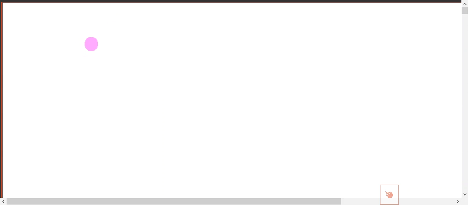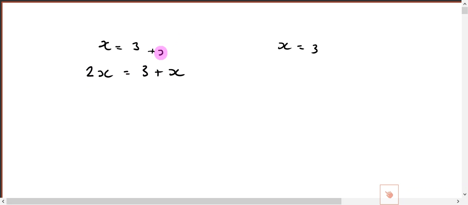Okay, so if we start with x equals 3, I did two different things there. I did 2x equals 3 plus x. So what was the transformation I did? Add x to both sides, right? But if I have 2x equals 6, what did I do? Times by 2, yeah? I did different things.